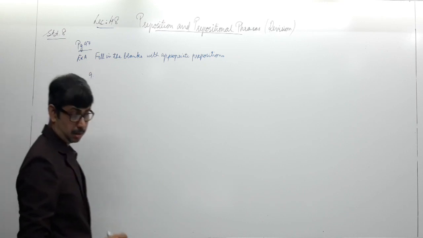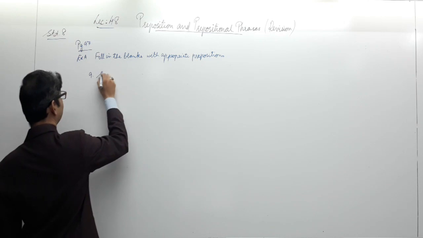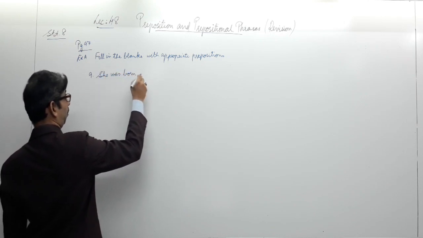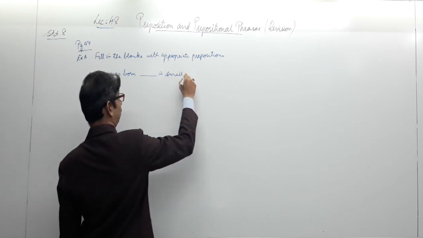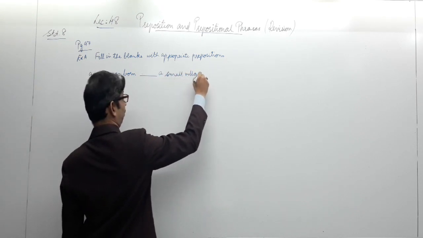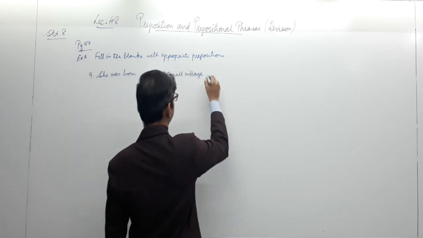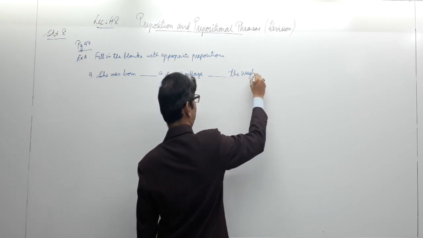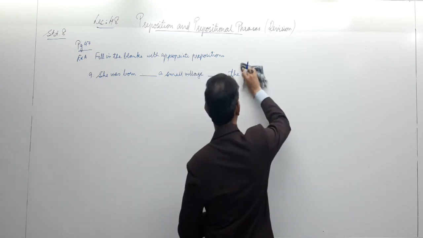The 9th sentence. She was born dash a small village, and dash to the Vaga border.